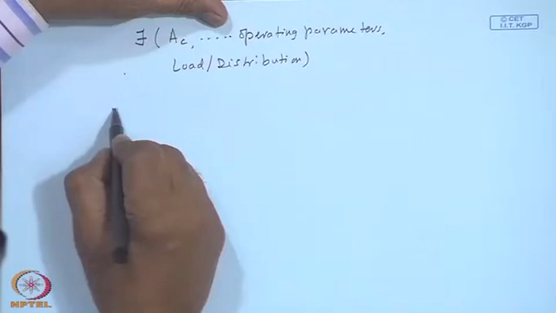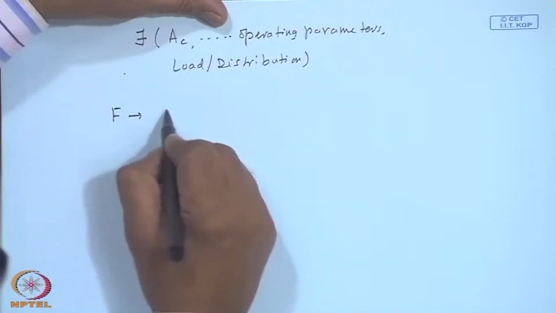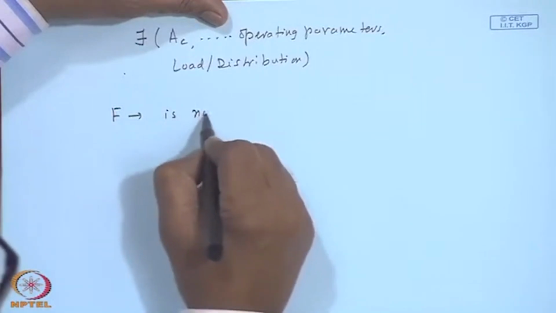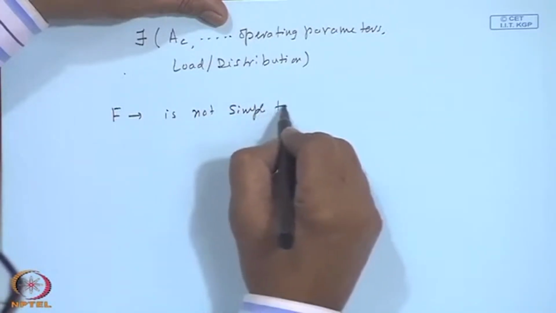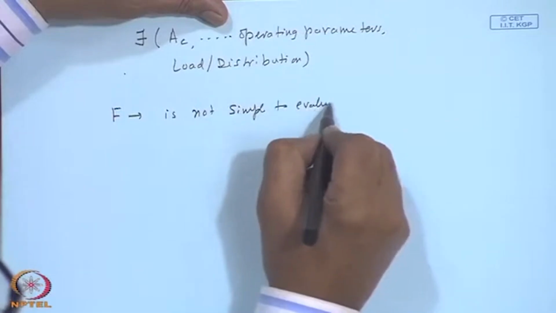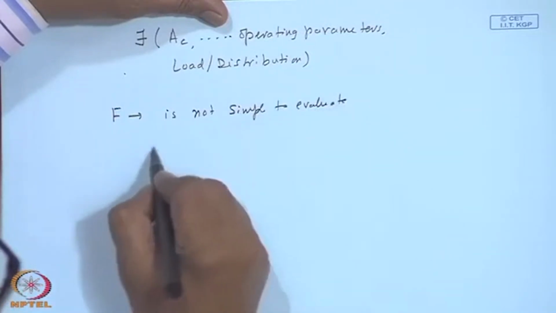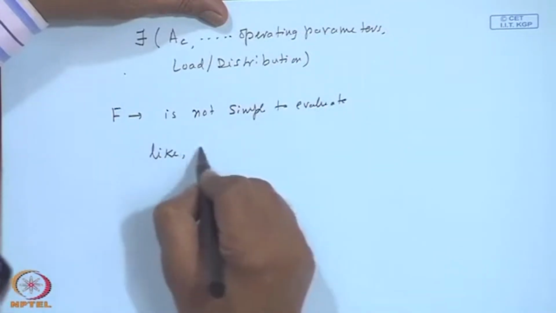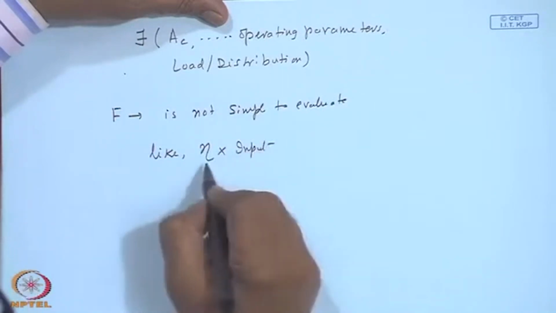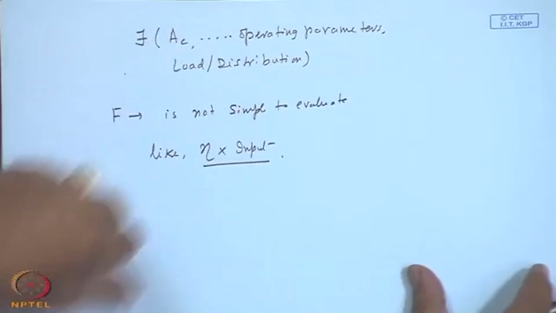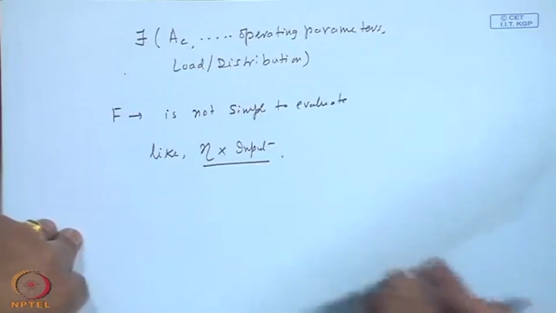Consequently, F is not simple to evaluate, like efficiency multiplied by input. So, this is not on. So, how do we get this F?